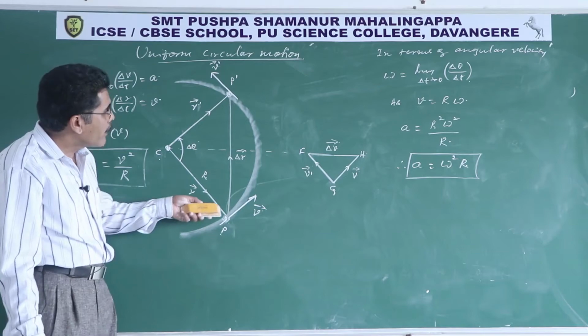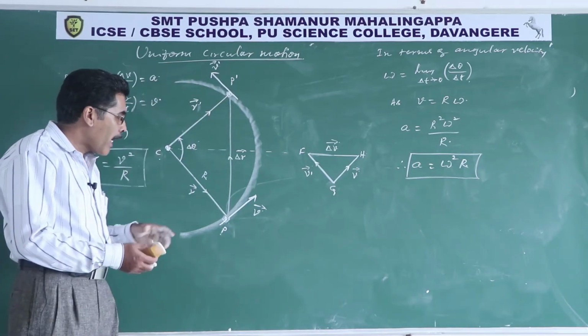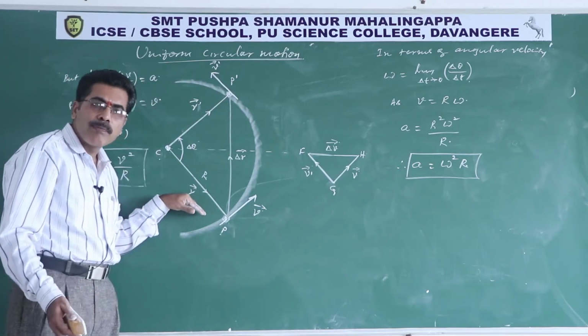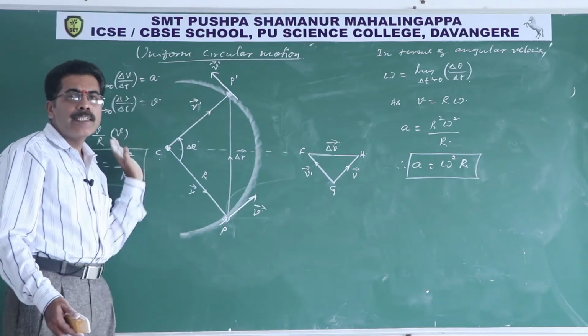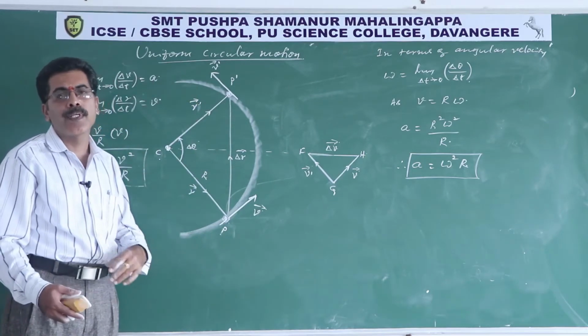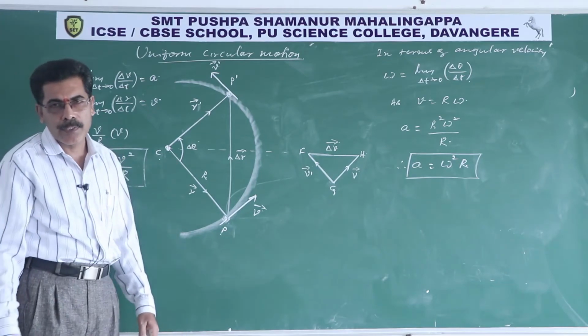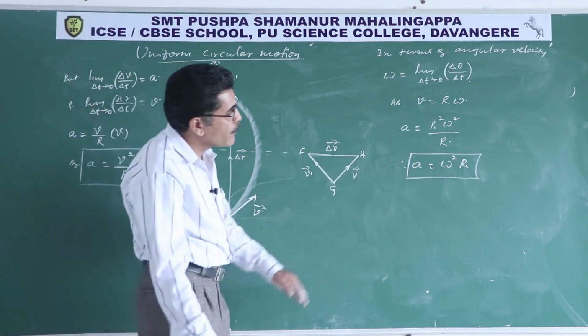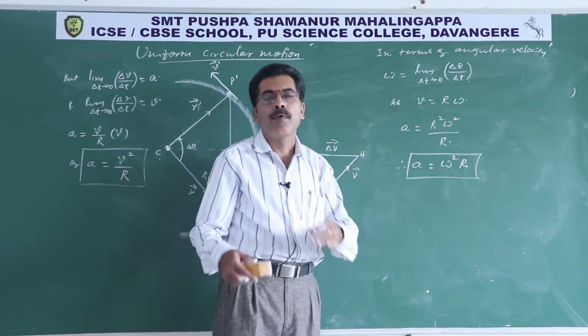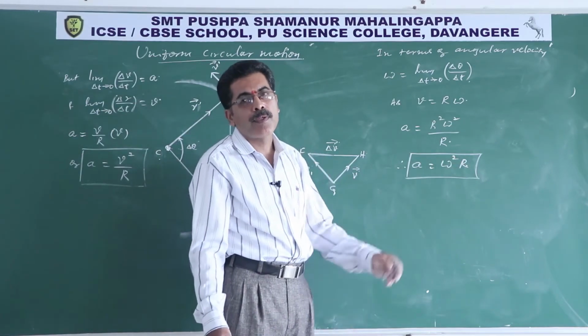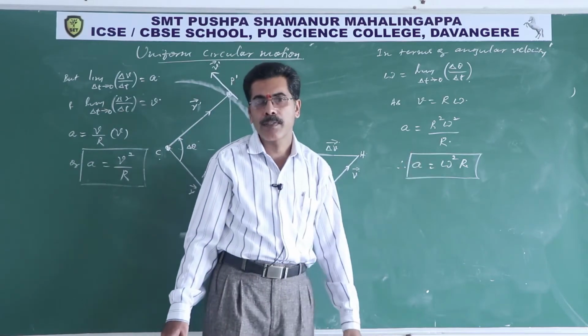As the particle moves along the circular path, the angle swept by the radius vector changes with respect to time. Therefore we say that it has angular velocity. Using angular velocity also we can calculate the acceleration associated with it.